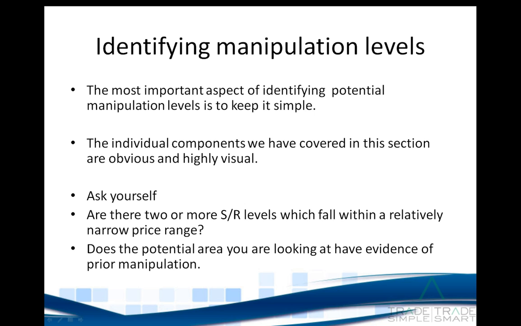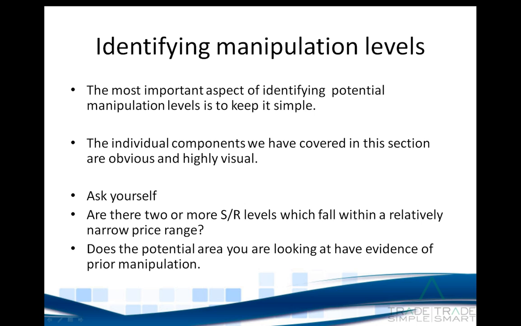Okay, nobody knows exactly where they're going to manipulate, but if we keep it simple and we identify areas of confluence, then the probability of manipulation is greatly increased. So just keep it simple and keep it as straightforward as possible.